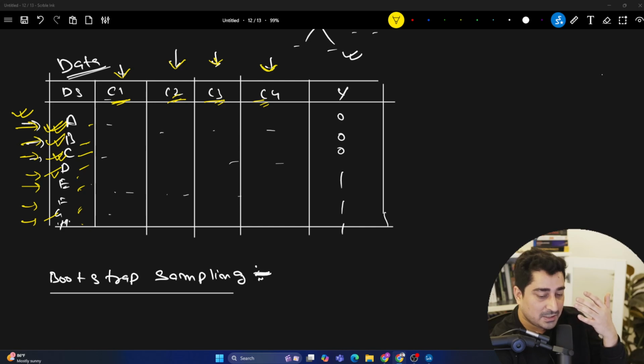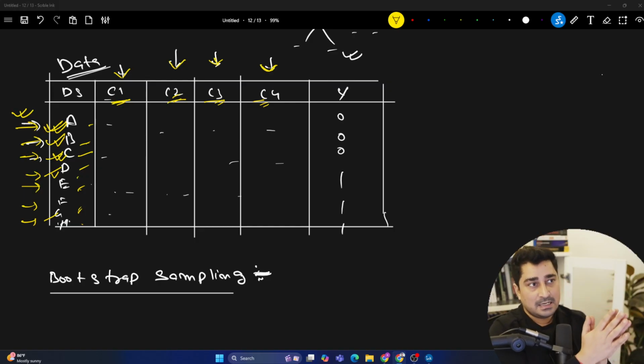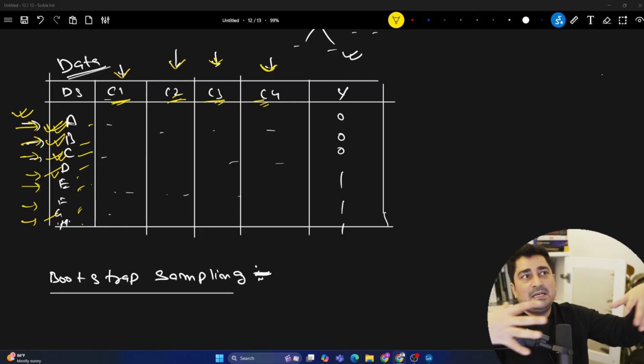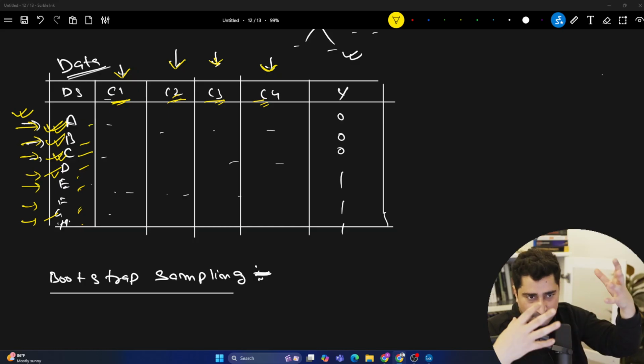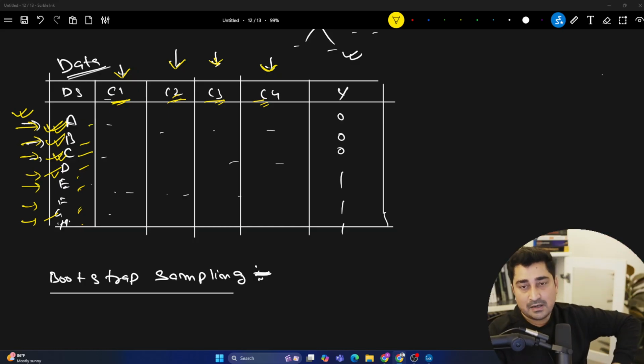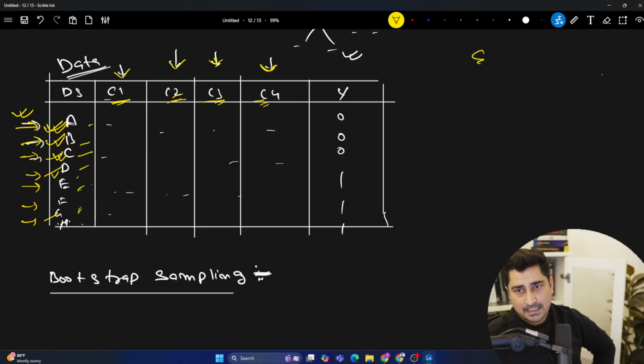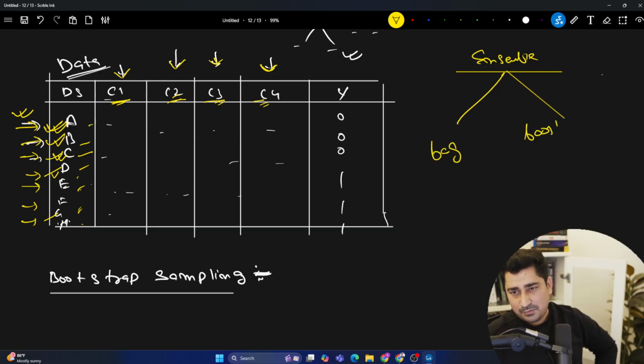So bagging means what? Bagging is a technique. Here I told you, right, ensemble is one of the techniques, and bagging is inside the ensemble technique. Ensemble, definition-wise, means where multiple decision makers come into the picture. Now inside ensemble there is something called bagging and something called boosting.